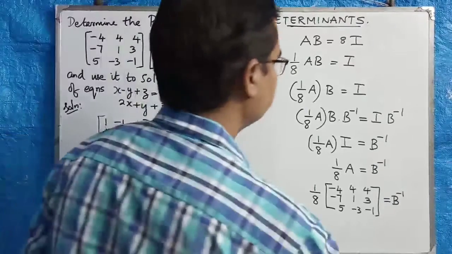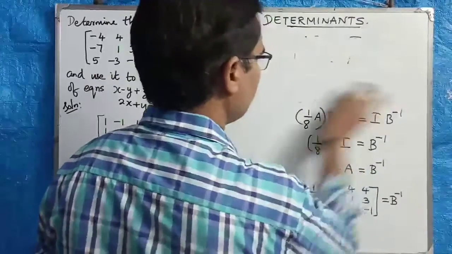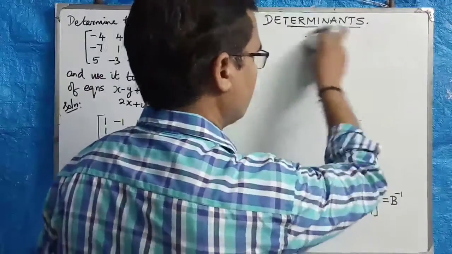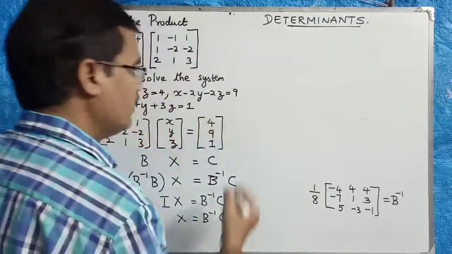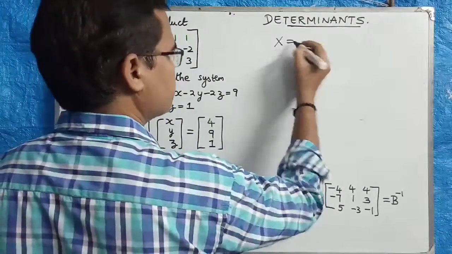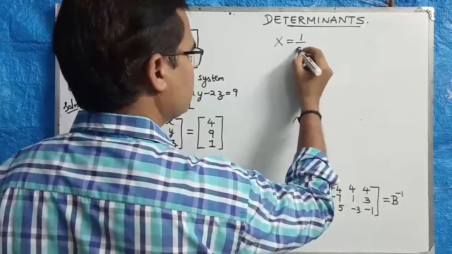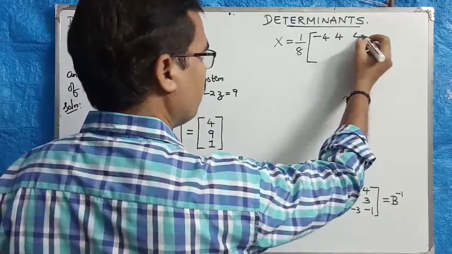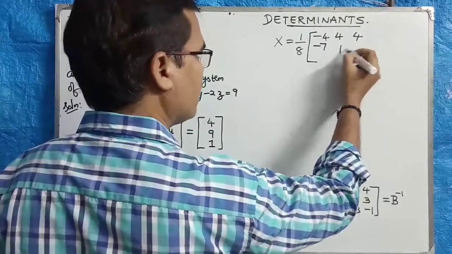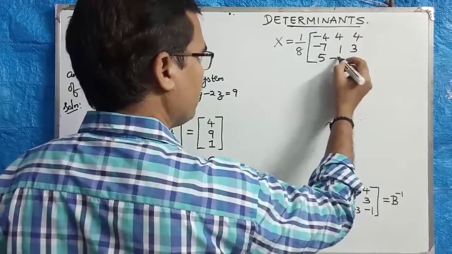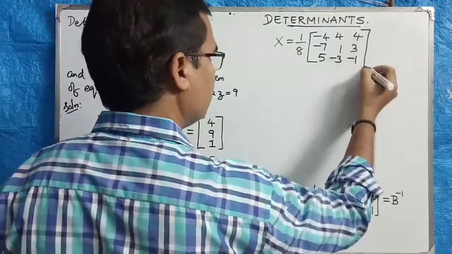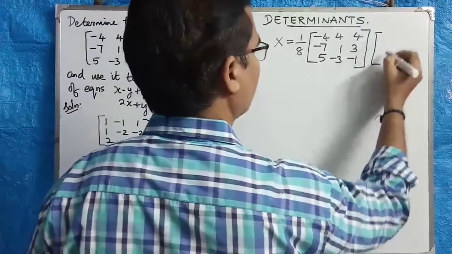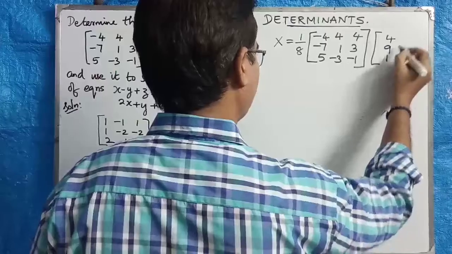Let us continue. Now X equals 1 by 8, the B inverse, minus 4, 4, 4; minus 7, 1, 3; 5, minus 3, minus 1, times C, which is 4, 9, 1.